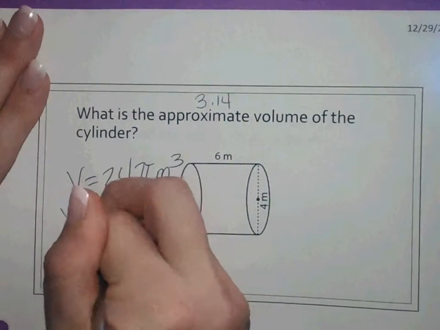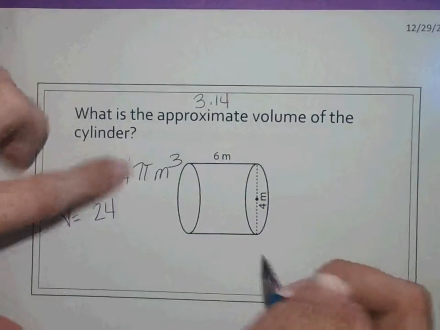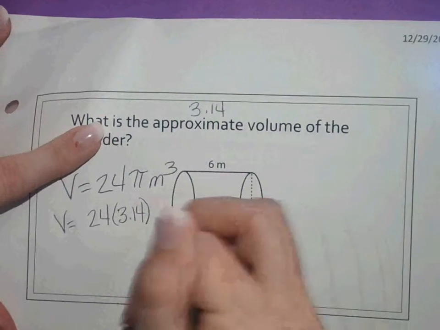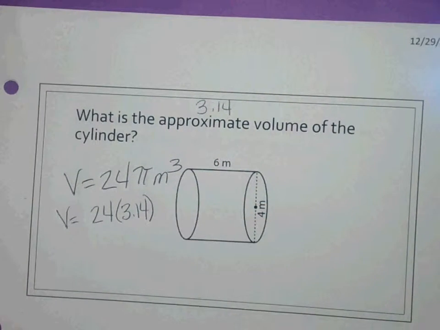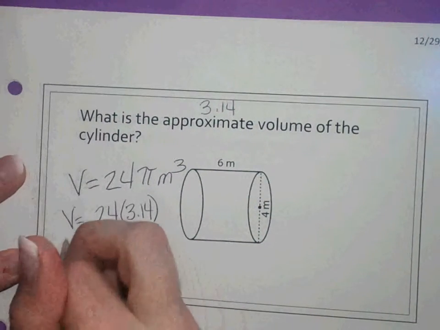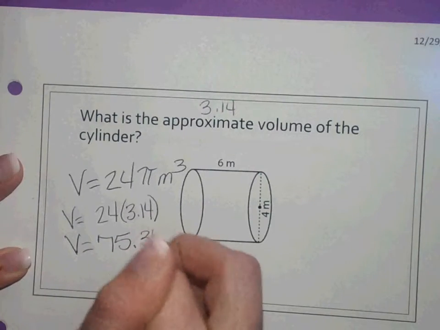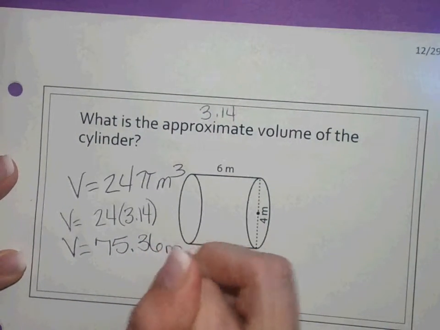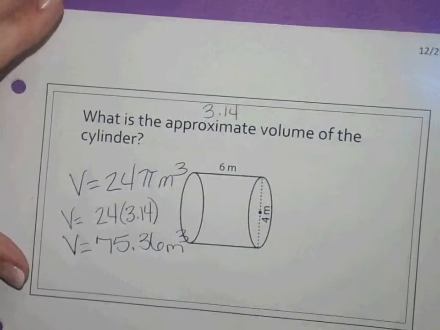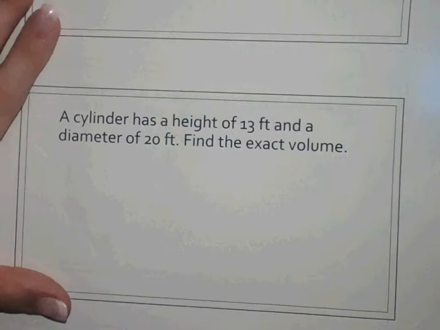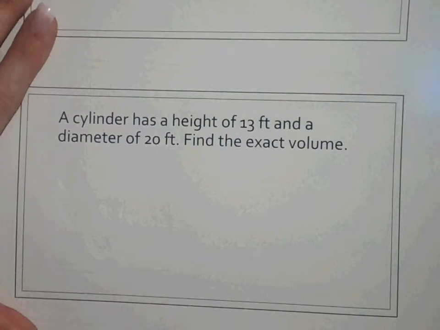So all we have to do is use our same numbers, but replace pi with 3.14. So when I multiply, I get 75.36, and I do want to bring my units down, so meters cubed.